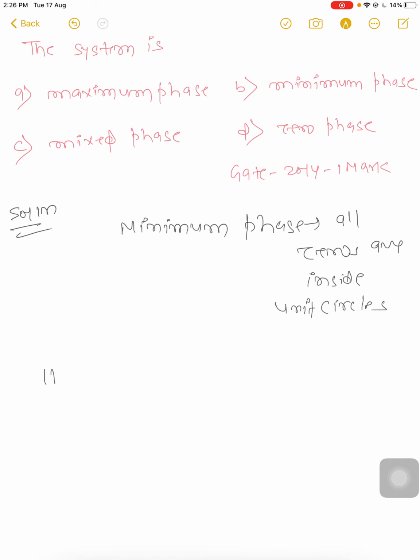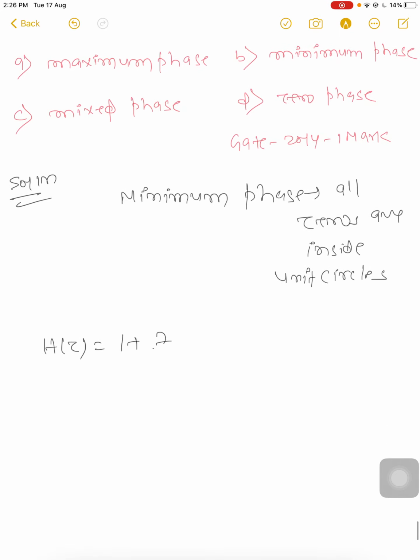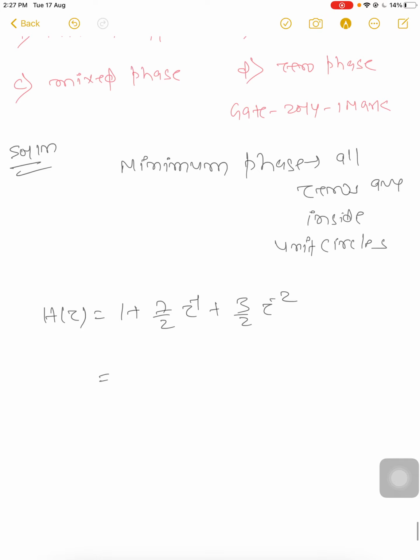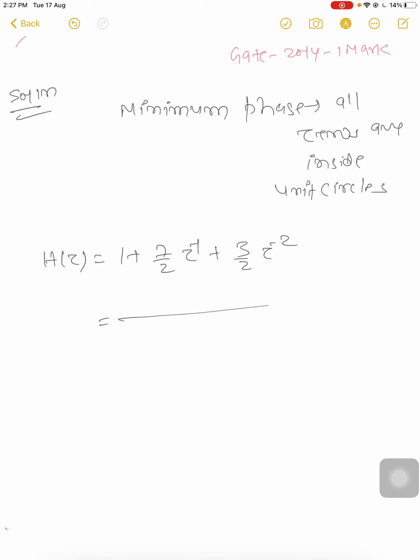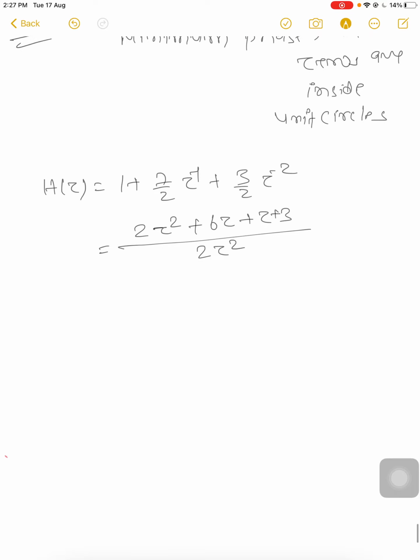Okay, so check it. Transfer function H(z) is given: 1 plus 7 by 2 z inverse plus 3 by 2 z to the power minus 2. Okay, then what will happen, take the common factor, and then you will get 2 z square plus 7z plus 3 upon 2 z square.